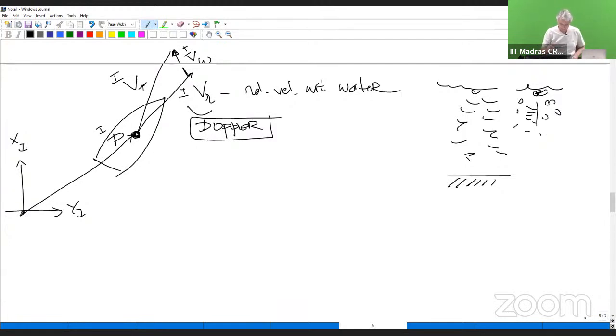But what we know is that the total inertial velocity, which is this one, is equal to the one given by the Doppler plus the velocity of the current that I'm assuming is constant. So this is the Doppler.